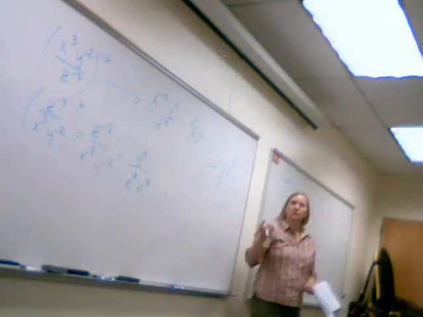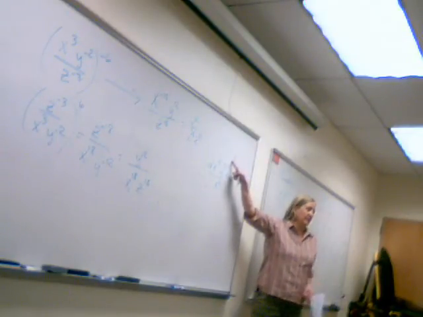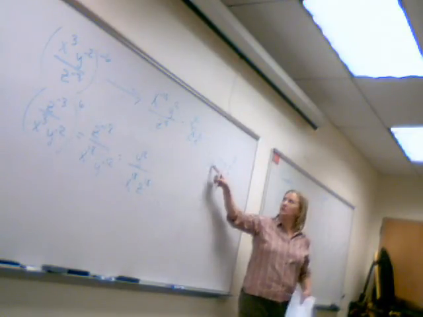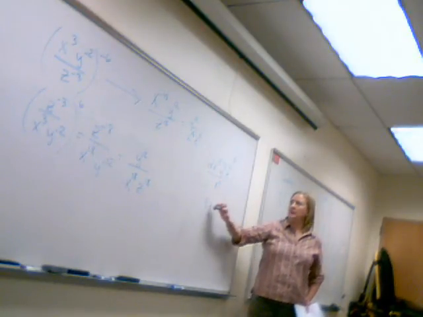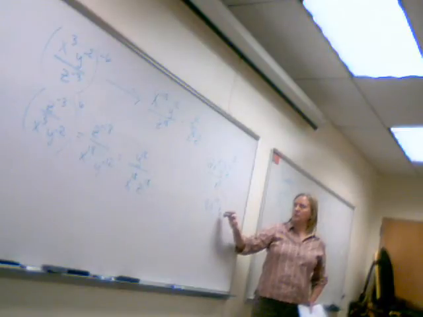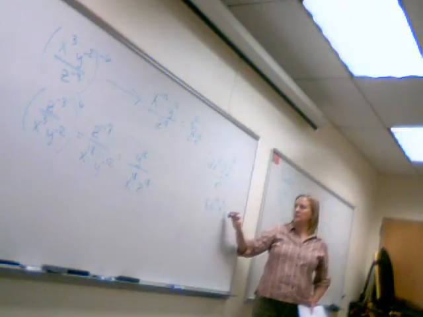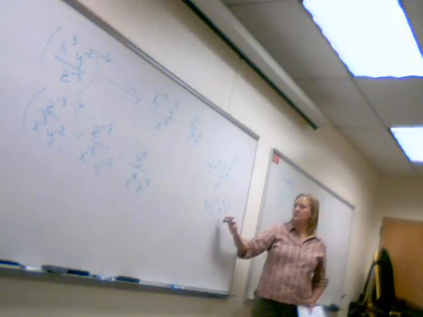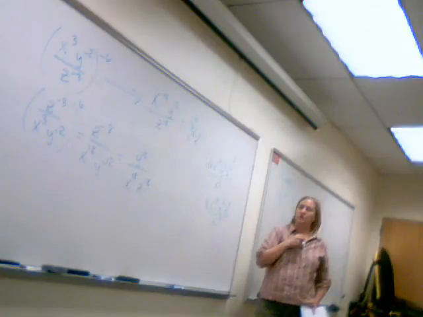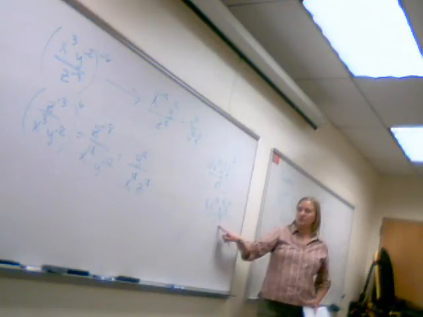So distribute. There's no negative here, so I'm not going to flip anything first. So I'm just going to distribute. 2 cubed, I'm going to go ahead and write the 8. X to the negative 6, y to the what? Z to the what? X to the 15. Okay, anything I need to move? X to the 6, so what does it become?